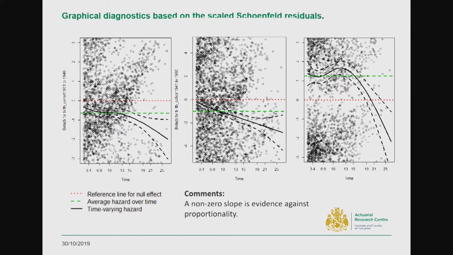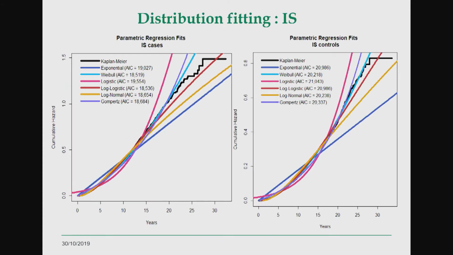The first two are for two different birth cohorts, and the last one is for the group. So you see a general high hazard with time going on with cases, but all of these are showing the same story, a non-zero slope, which is clearly evidence against proportionality.